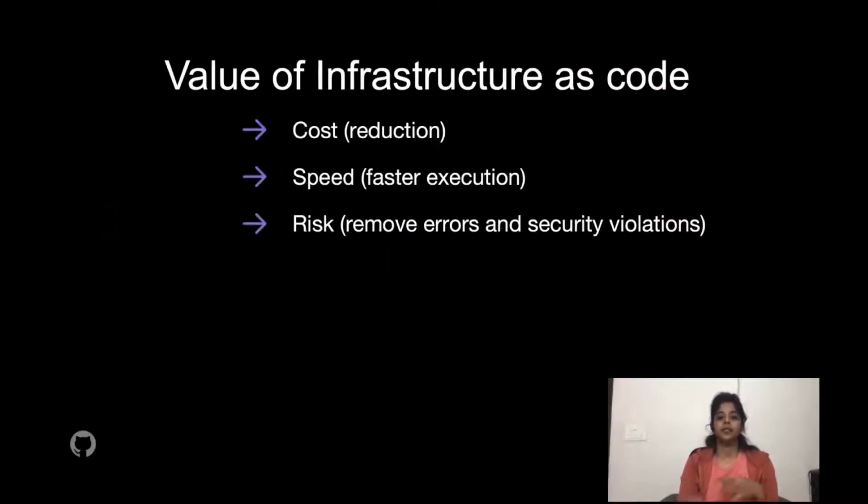And the value of infrastructure as code is huge. There are three measurable parameters which we can consider while realizing this value: cost, speed, and risk. Cost will obviously reduce.